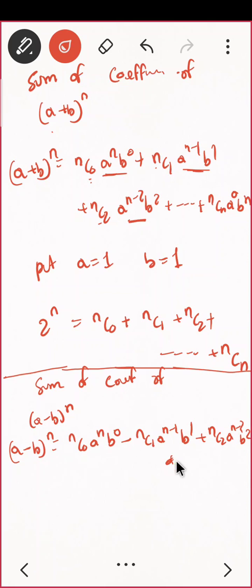Alternate plus minus, correct? So if you want to find the sum of coefficients, it will be nC0 minus nC1 plus nC2, like that. Again you will be putting a equal to 1, b equal to 1. So what will be your right hand side? It will be nC0 minus nC1 plus nC2. What will be the last term?